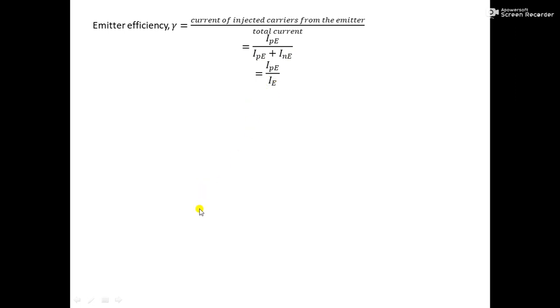And the efficiency can be increased by increasing the conductivity of the emitter region in comparison to the base region, and that is why the emitter is highly doped and the base is made lightly doped and thin as well. Now we may say that IPE is very much greater than INE, because this is the current due to the majority carriers in the emitter region, and this is the current due to the electrons in the base region for a PNP transistor.